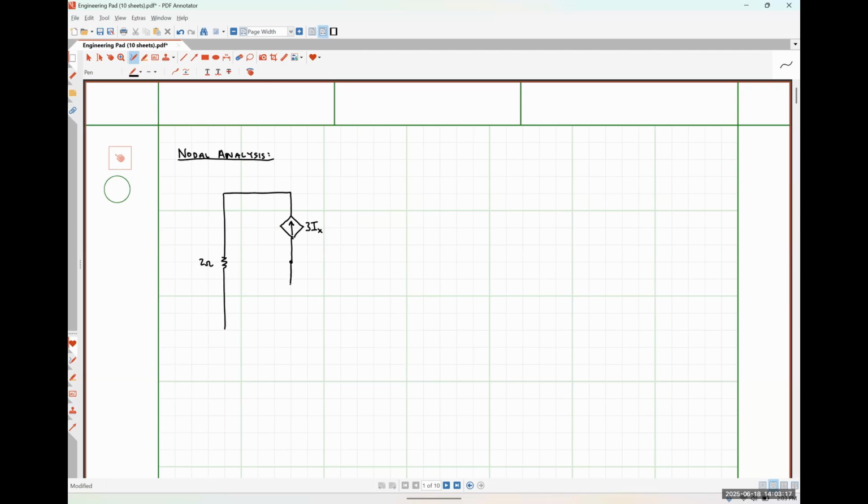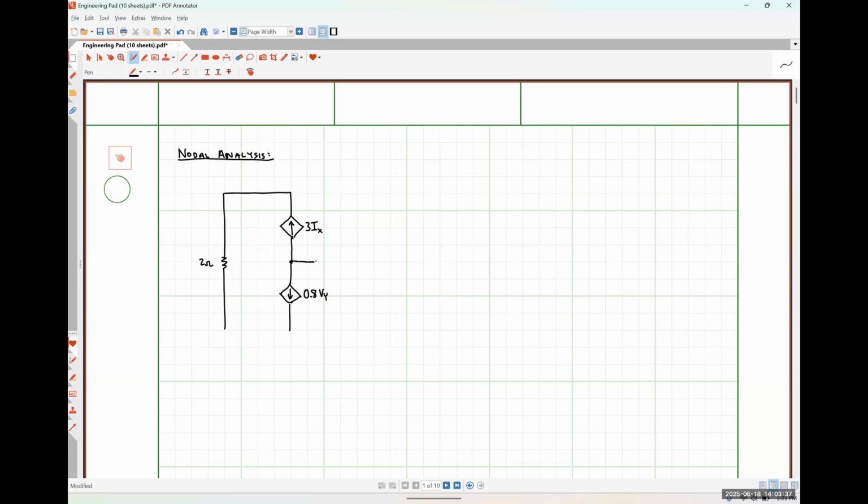I'm going to have a second dependent current source down here. This guy is going to have a value of 0.8 Vy.